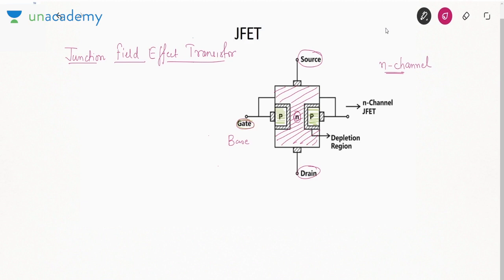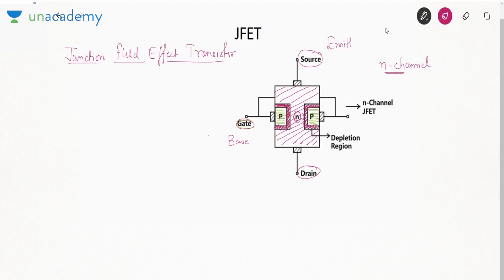Now due to this PN junction, there is a depletion layer formation. This is the depletion layer. Okay. This is formed between P and N region, because whenever P and N regions are joined, a depletion layer is formed, which we studied in case of diode. That is your depletion layer. Now this source acts as emitter.